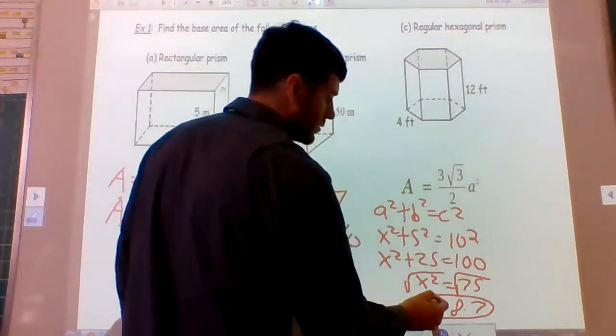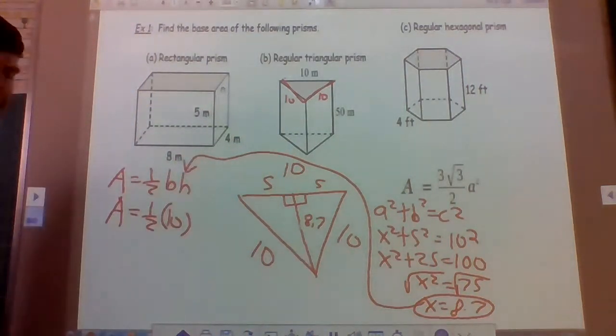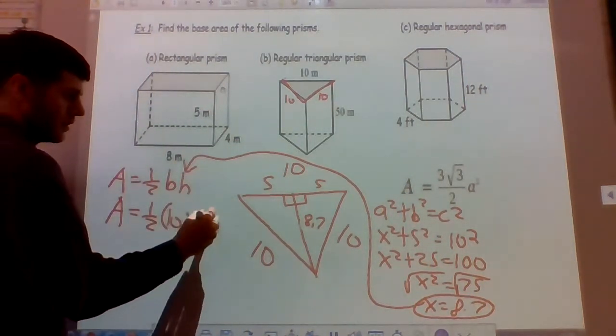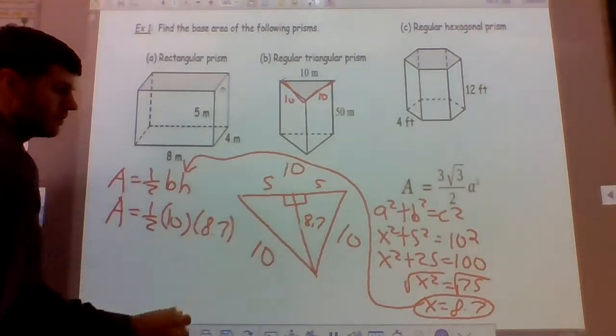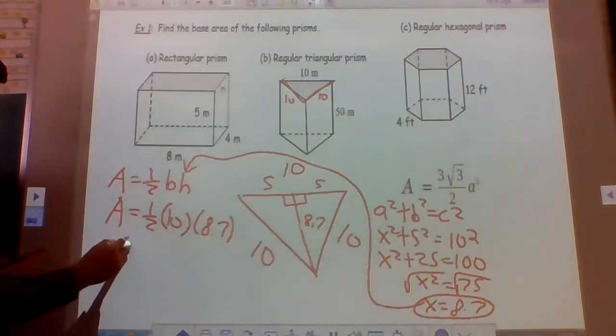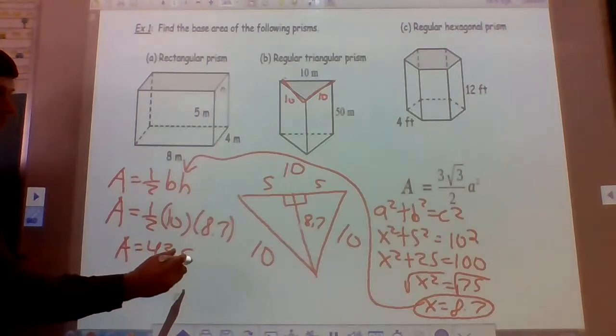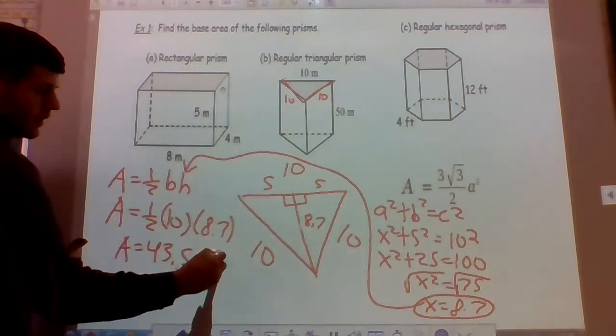The reason we did this was to find the height of the triangle. So our height is going to be 8.7. So 1/2 times 10 times 8.7 is going to give us 43.5. So our area of the triangle is going to be 43.5 meters squared.